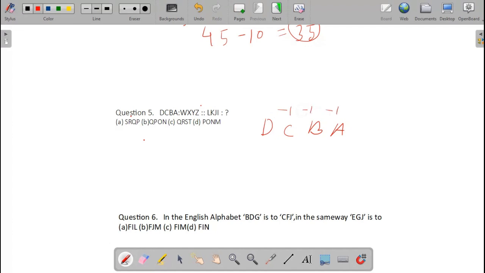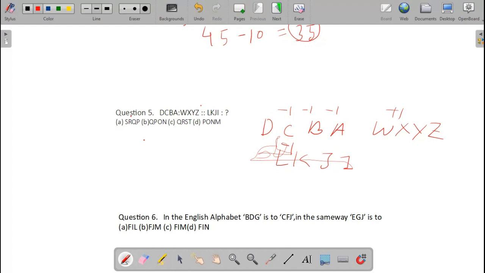And here W, X, Y, Z is increasing by 1. Similarly, here you can say L, K, J, I, minus 1, it is decreasing. I, J, K, L. So here it will be the one which is increasing 1 alphabet.